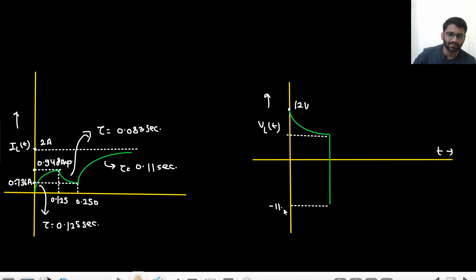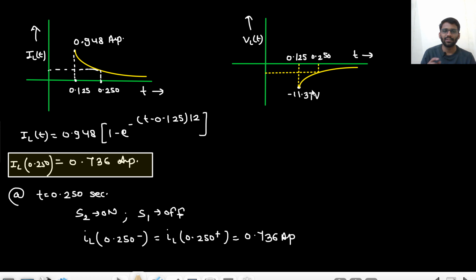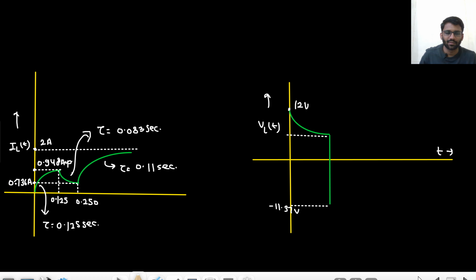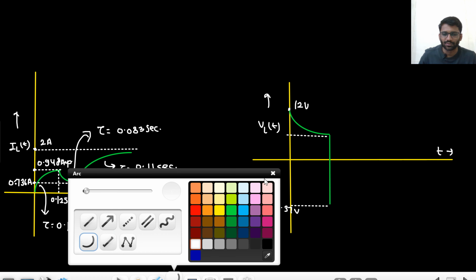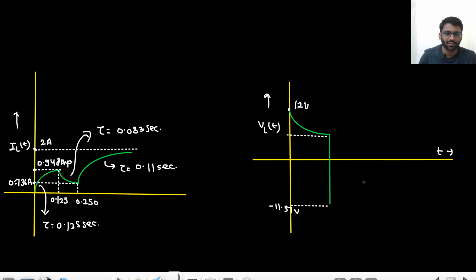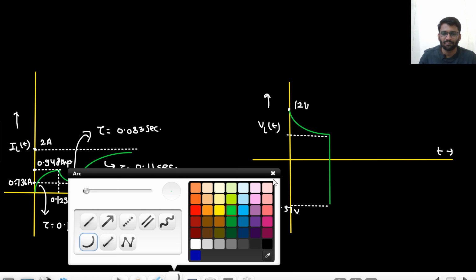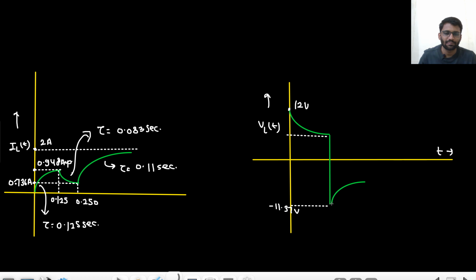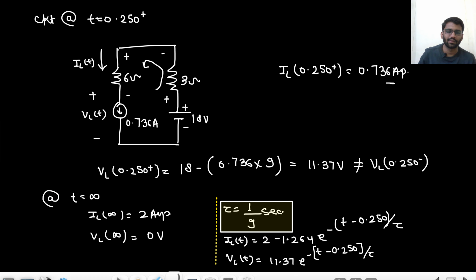Then from minus 11.37, it tries to go to 0, but it can't go till that point. So it goes to this much of value, then it suddenly rises to 11.37 volt.